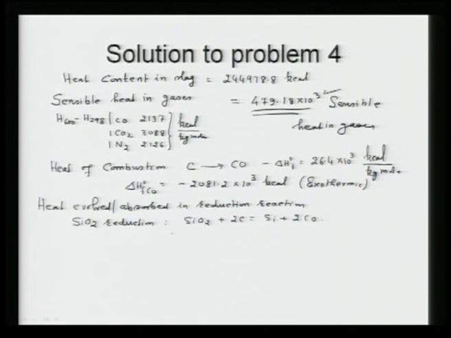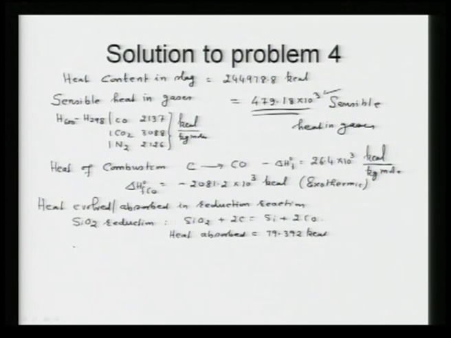So, heat absorbed will be equal to 79.392 kilocalorie. You have to calculate the heat of reaction of this reaction. So, from the heat of formation of SiO2 and the heat of formation of carbon monoxide, you can calculate this particular value.